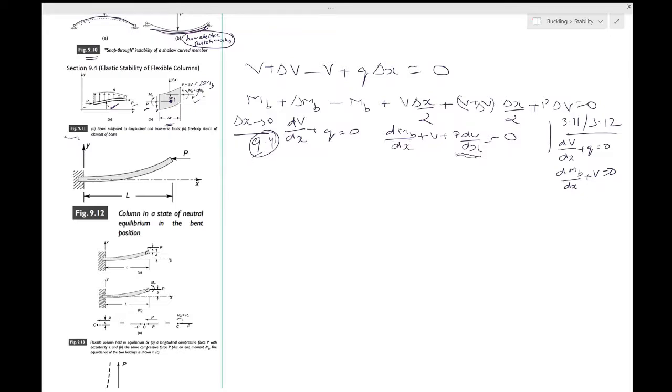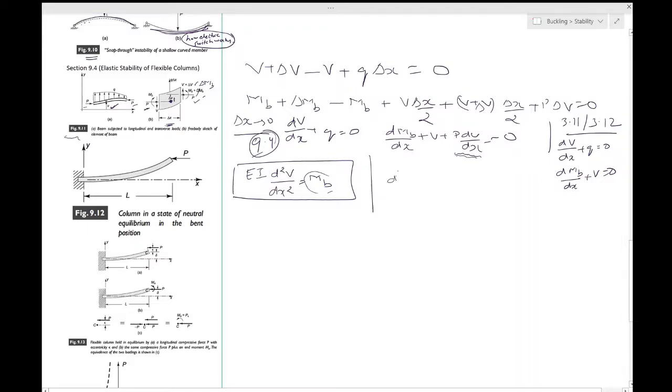According to 8.4, which we had derived in the earlier section, you had EI d²v/dx² = Mb, and EI is the bending stiffness or the flexural rigidity of the beam. Now you want to eliminate Mb, so you put this Mb into this equation, and then you will arrive at this equation, which is 9.6.